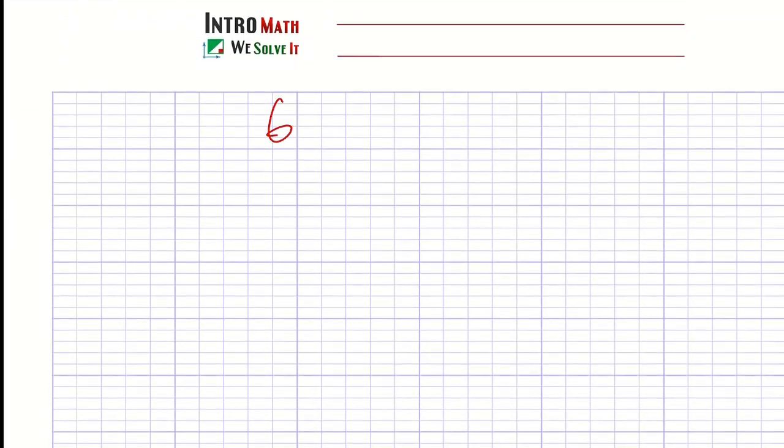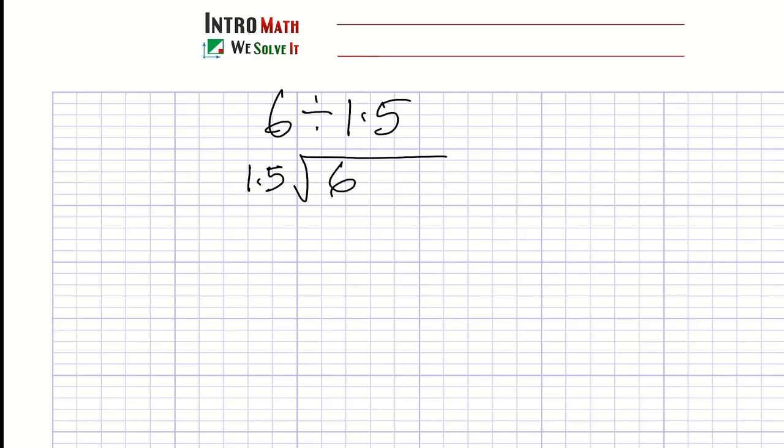We can also go the other way. Watch this. We also can do 6 divided by 1.5. So we can divide a whole number by a fraction. Okay, so we'll proceed the same way we've been doing it. We'll say 1.5, put the division symbol here, you put 6 here, and then now we'll have to move the decimal over here.